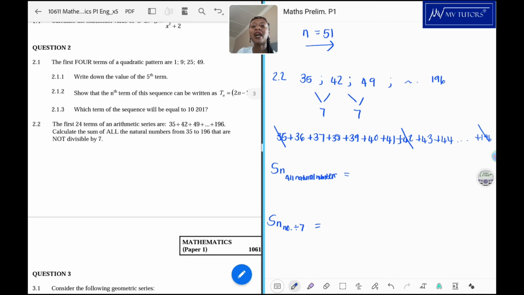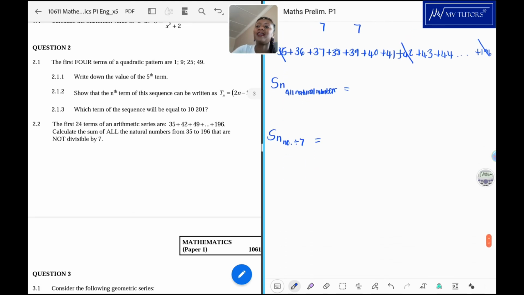Okay, then ultimately we're going to say the sum of the numbers not divisible by 7 will be the sum of all natural numbers minus the sum of those that are divisible by 7.